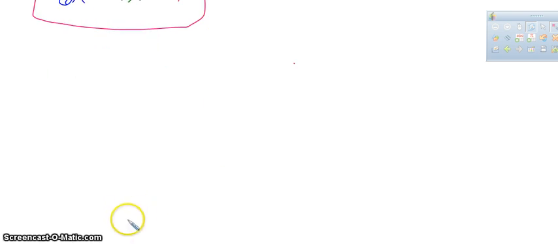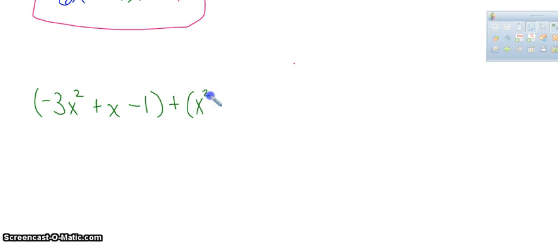Let's try another one. Negative 3x squared plus x minus 1, plus x squared plus x minus 4. Now you're going to add those together. I'm going to start with negative 3x squared. Does anything match the x squared?